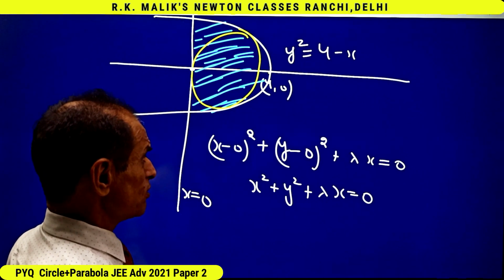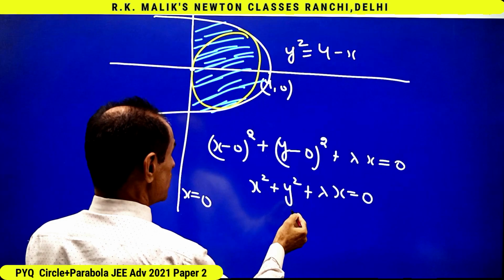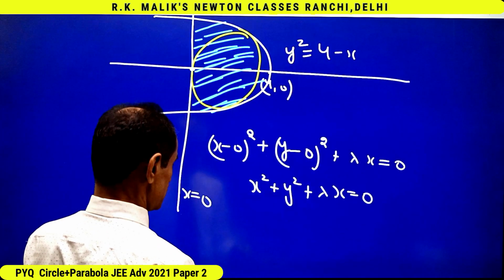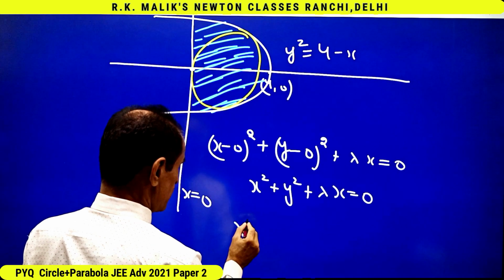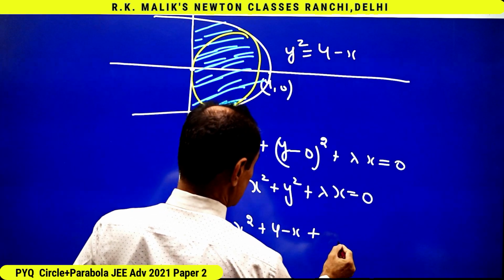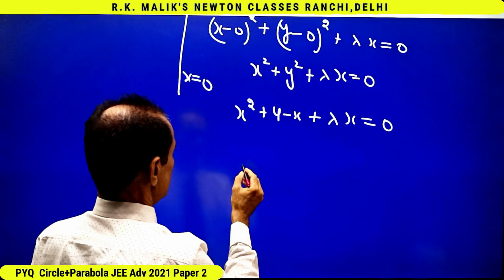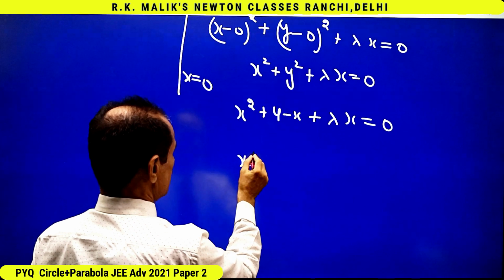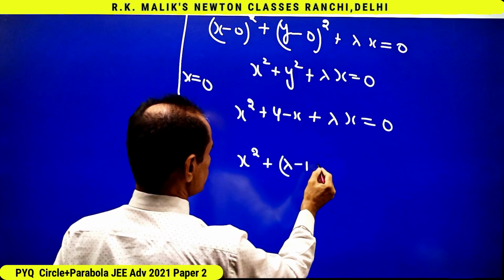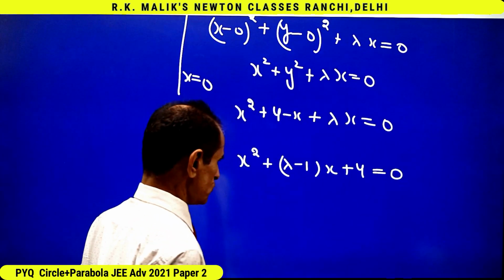You must know this concept of touching of two curves. I put this value of y square equal to 4 minus x in this circle. I get x square plus 4 minus x plus lambda x equal 0. And this means x square plus (lambda minus 1) into x plus 4 equal 0.